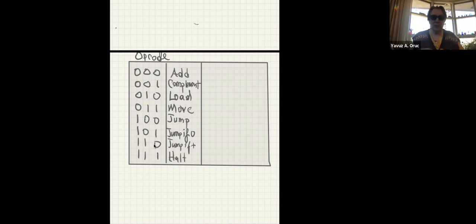And when I put these opcodes in my instructions, my computer will understand that's what I want to do. If it sees a 000 in the opcode field, it says, well, the user wants to add something, and so on, right? Complement, load, move, jump if 0, jump if plus, jump, halt, and so on. So that's how the opcodes help us understand what the instruction wants to do.